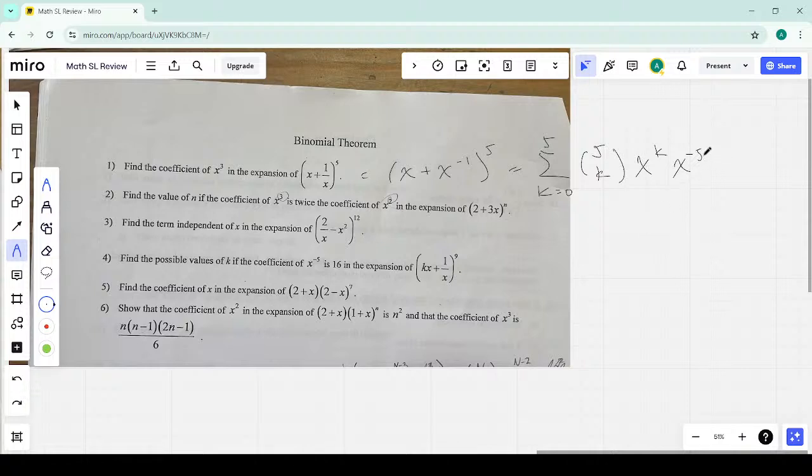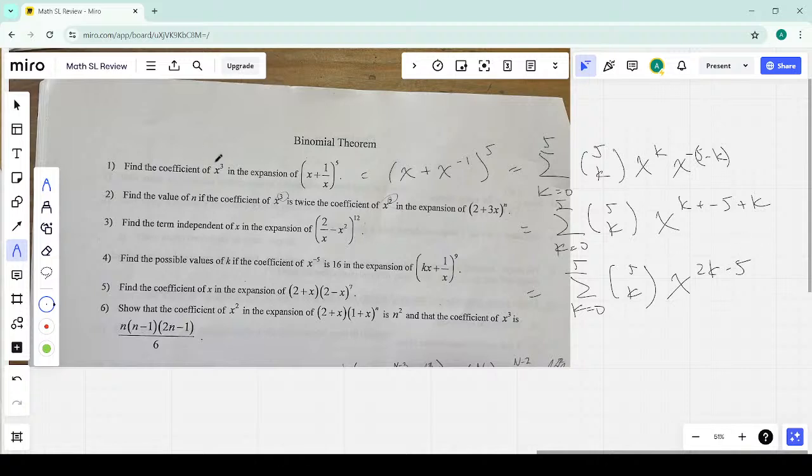Or I'll write it as x to the (negative 5 plus k) in brackets like that. That makes more sense. So this simplifies to sigma k from 0 to 5, 5 choose k, x to the k plus negative 5 plus k. I'm basically combining everything, so sigma k equals 0 to 5, 5 choose k, x to the 2k minus 5.